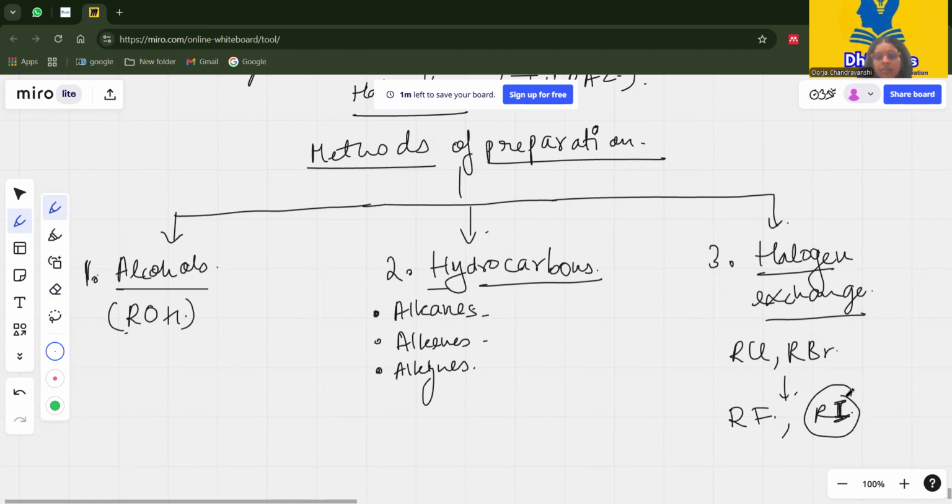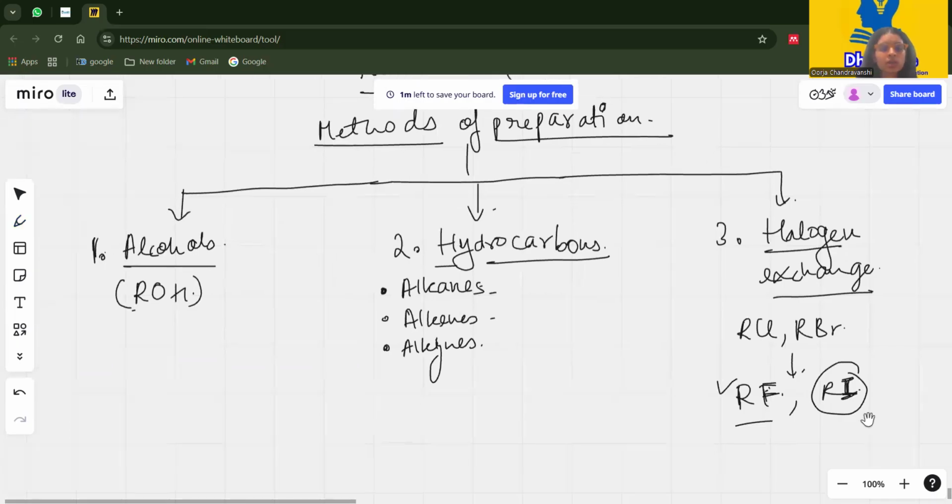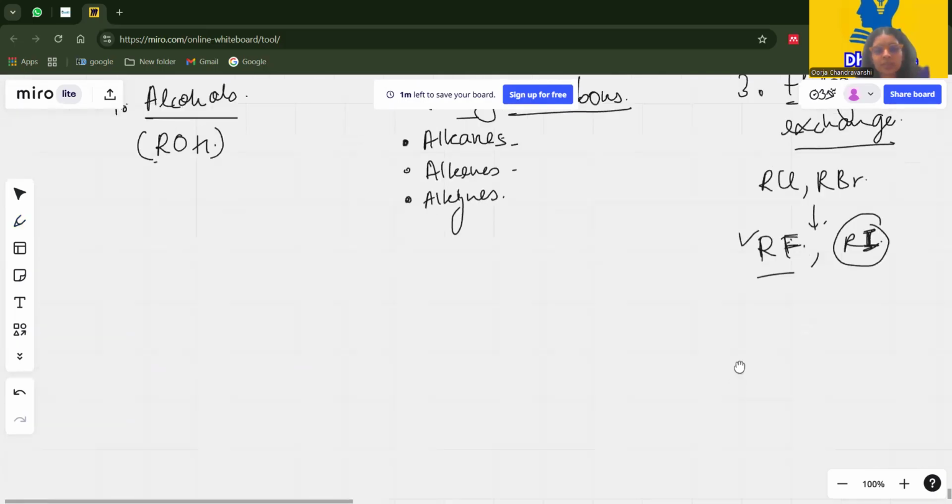Iodoalkanes are highly unstable, and same goes for fluoroalkanes. These are quite violent, so preparing them requires care. Hence, halogen exchange is used for preparation of fluoroalkanes as well as iodoalkanes. Let's have a quick look at each of these.